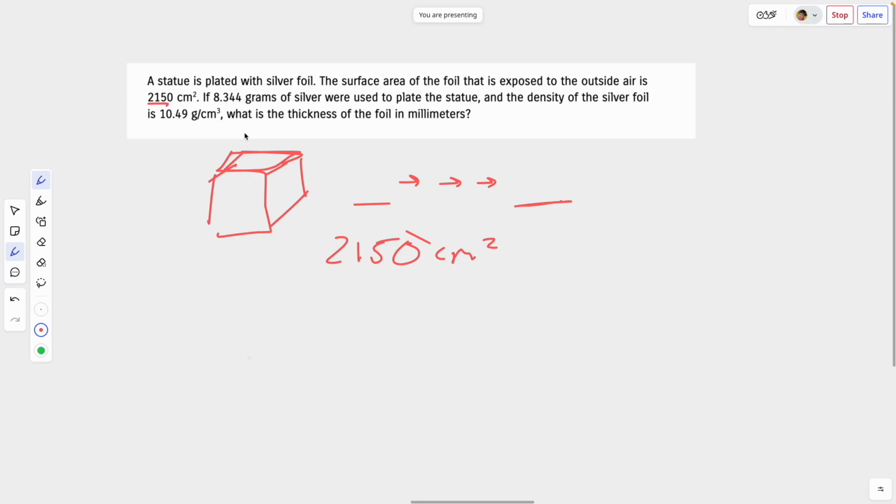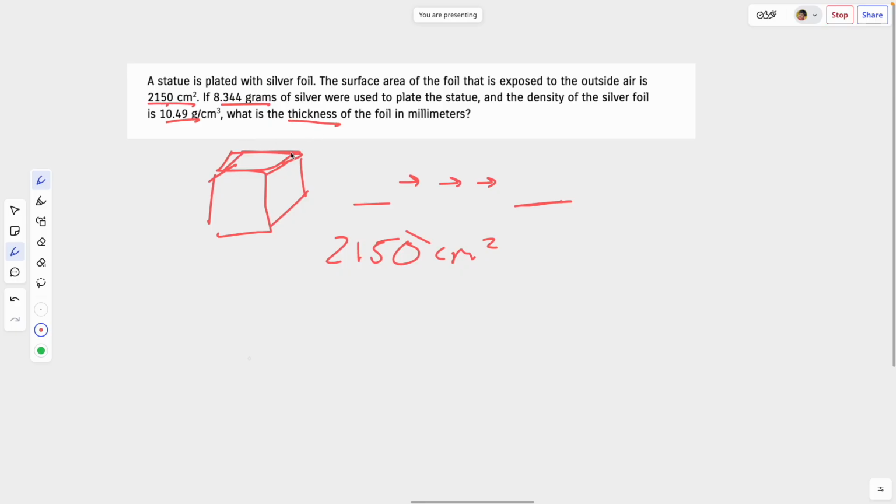So we can connect the pieces here. Density is going to be mass over volume, right? We have the mass of silver that's given to us right here. So we have the mass in this conversion factor, and then it says over volume, but we're only given the area basically. So we're missing another dimension, and that's where this thickness comes in.